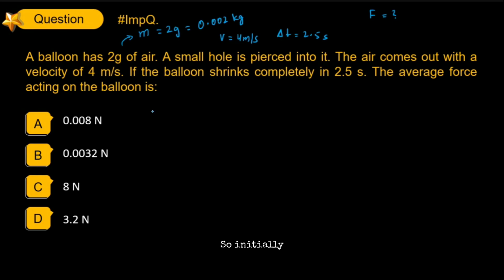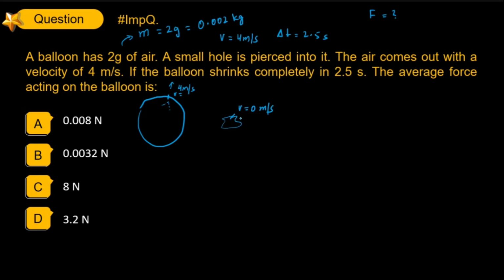Initially, the balloon was pierced. Air is coming out with 4 meters per second of velocity. And finally, it has completely lost all the air in it. Velocity of air is going to be zero.